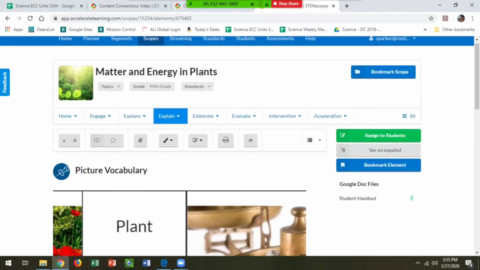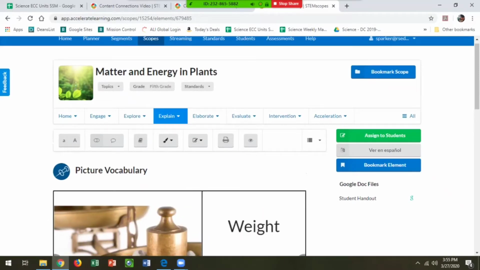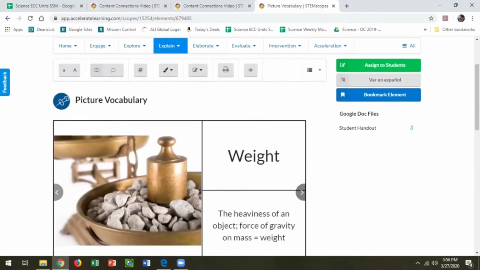Next word, we have weight. Can anyone tell me what you think the word weight means? If you said weight is the heaviness of an object, then you are correct.